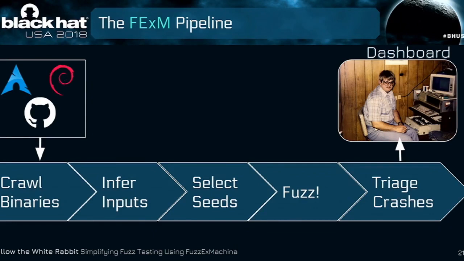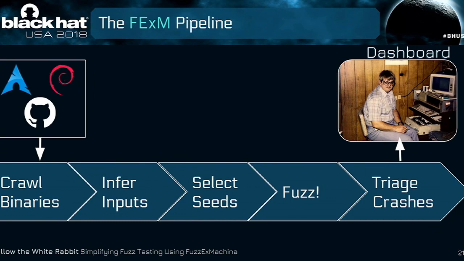Now, once FuzzExM has this package source or a list of packages that you want to fuzz, it crawls those packages for binaries, then infers some way to give those binaries user-defined input, selects a good set of seeds, then starts the actual fuzzing for you with a good configuration.